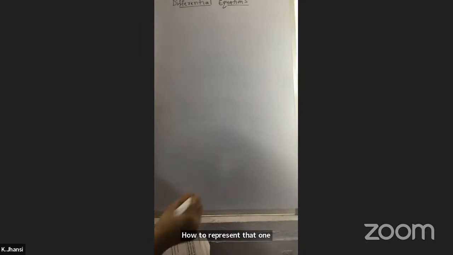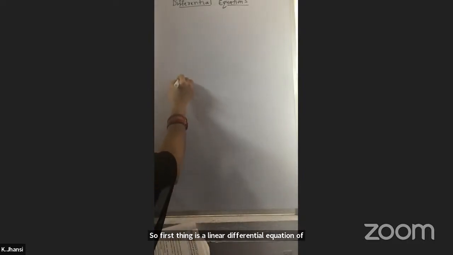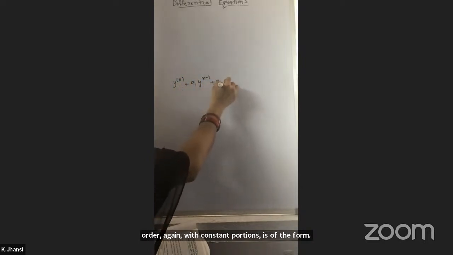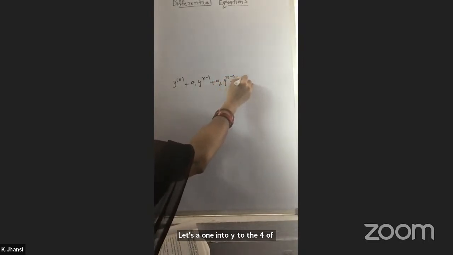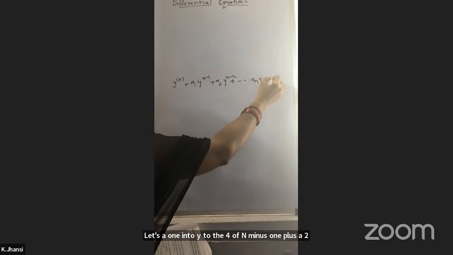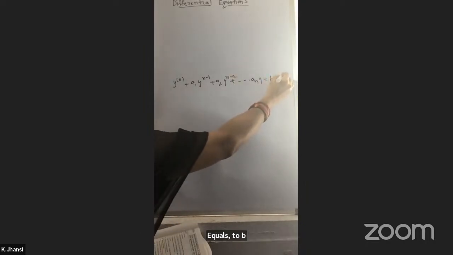So the first thing is, a linear differential equation of order n with constant coefficients is of the form y to the power of n plus a1 into y to the power of n minus 1 plus a2, and so on, equals b of x.